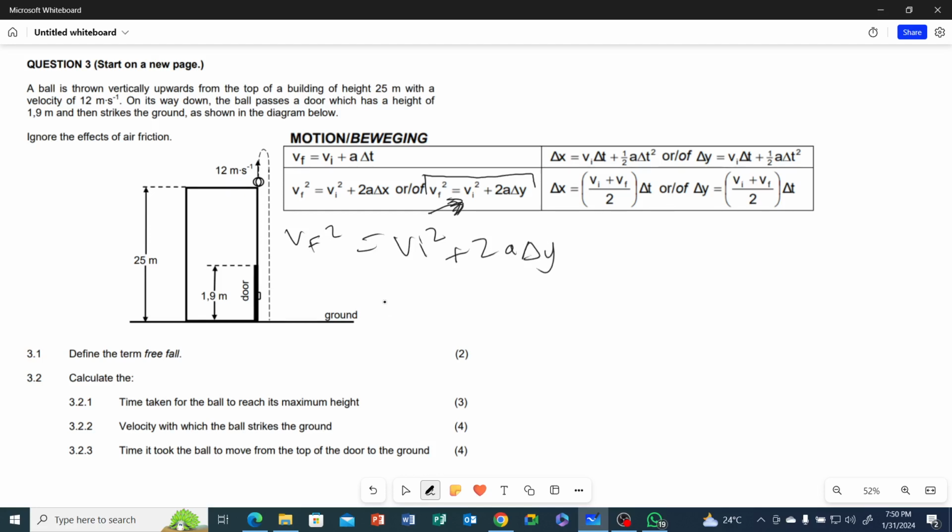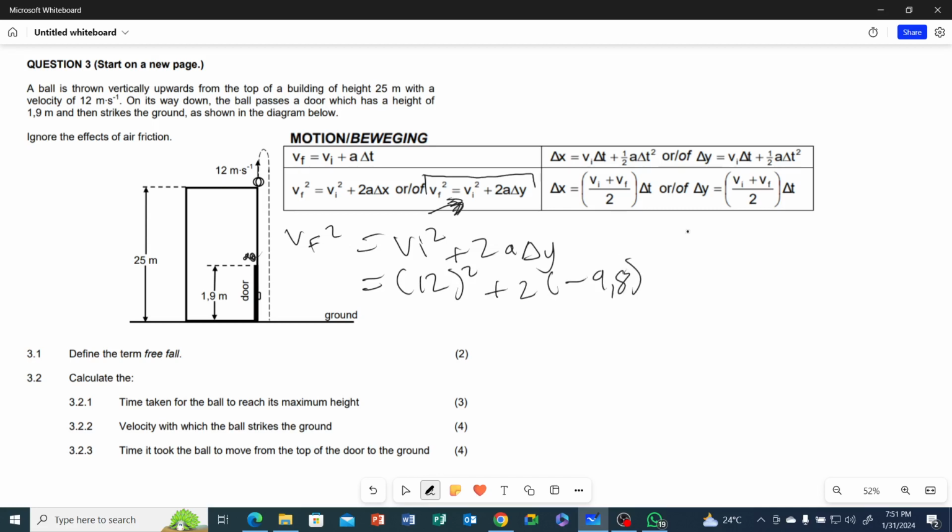Now you substitute. I want the final velocity at this point here. Initial velocity, I substitute, which is 12 squared plus 2 into minus 9.8.